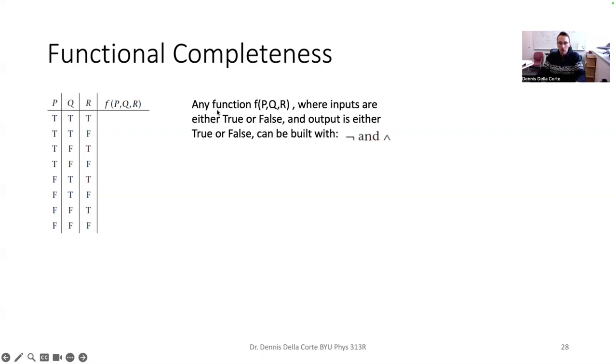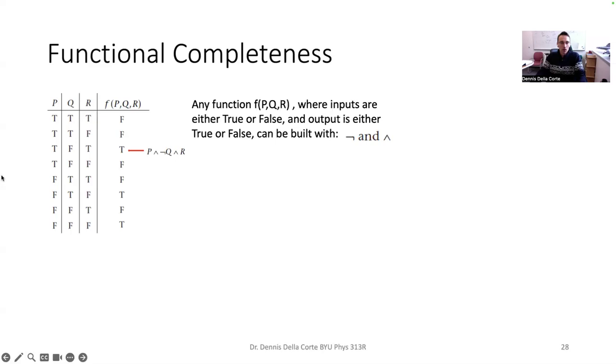And if you have a function f that takes the statements P, Q, and R as inputs that are either false or true, no matter what that function is, you can always build it, assemble it, just with a smart combination of nots and ands, because nots and ands are functionally complete.